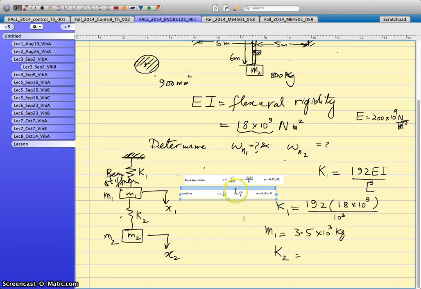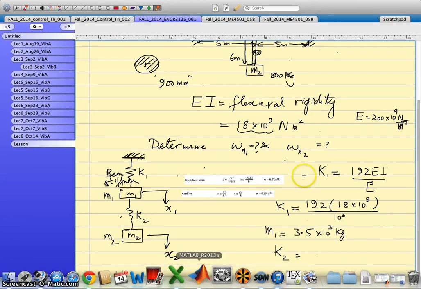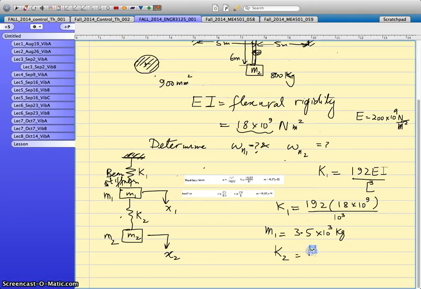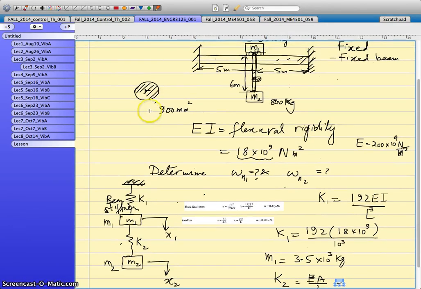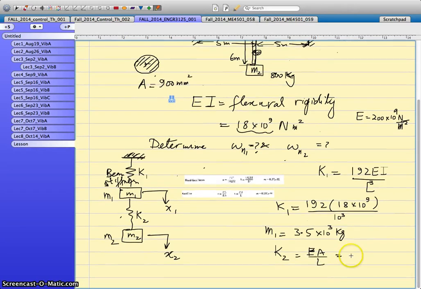The middle column, K, is EA over L. K2 is equal to EA over the length. E is given, the area of cross section of that steel wire is given. Will you be able to find out K2 by yourself? So K1 is 3 into 10 raised to power 7 Newton per meter, and K2 is 34.56 into 10 raised to power 8 Newton per meter.